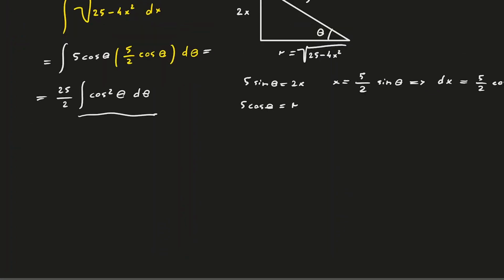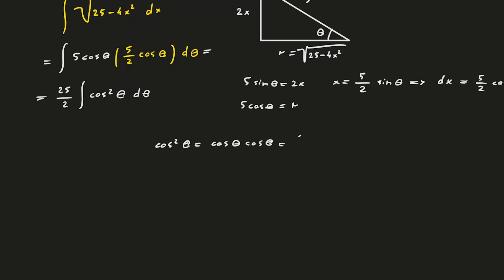Now, how can we find the antiderivative of the cosine squared of theta? Well, this is where Werner's formulas come into play. In fact, we know that cosine squared of theta equals cosine of theta times cosine of theta, that equals 1/2 times the cosine of theta minus theta plus the cosine of theta plus theta.